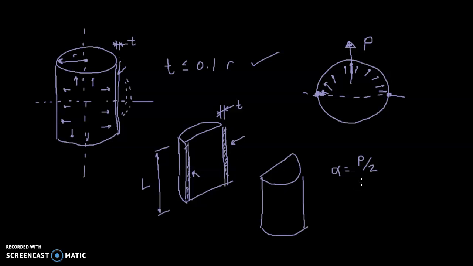So we've got P divided by 2. That's the force acting on one of these rectangles. And then we're going to divide that by the area of that rectangle, which is the thickness times length. Okay? And so we can do a little bit of rearrangement of the formula. Instead of P over 2 in the numerator, this is P over 2TL.